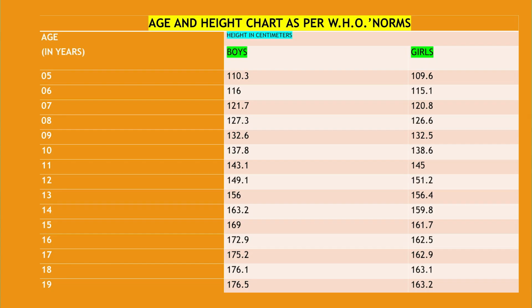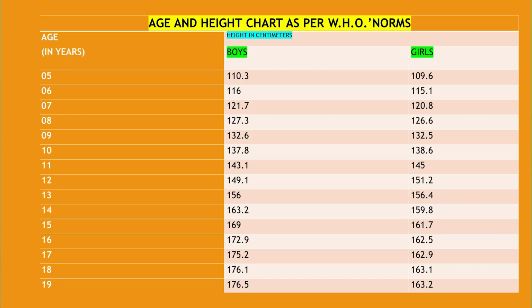As compared to that, a 15 year old girl has a height of about 161.7 centimeter, which can grow only up to, on an average, 163.2 centimeter. See the difference between the height of a growing boy and a growing girl.